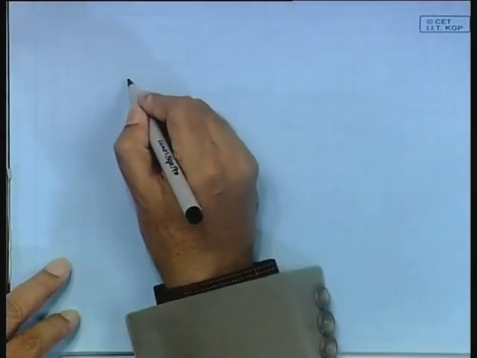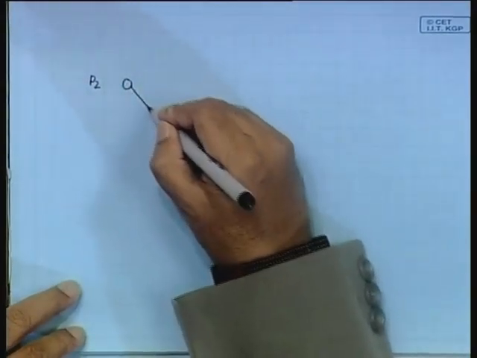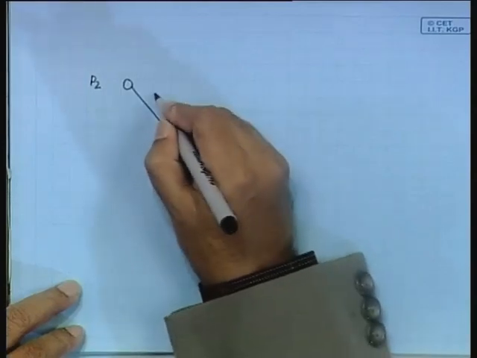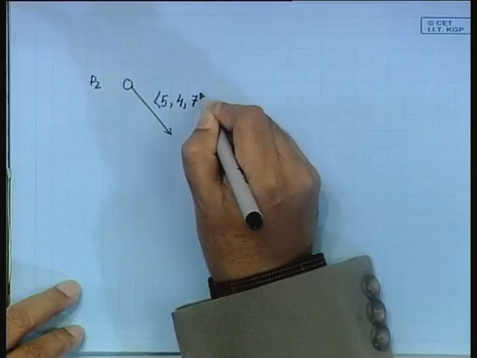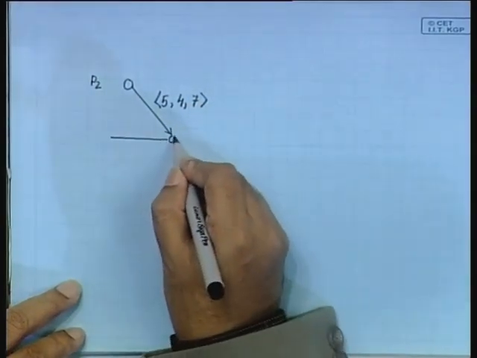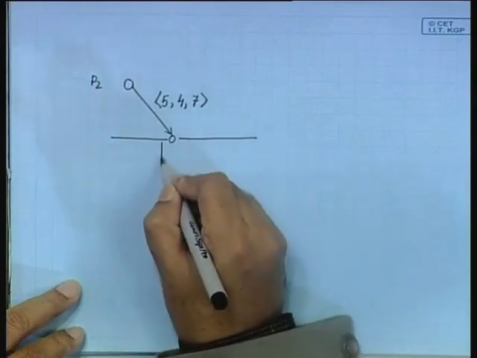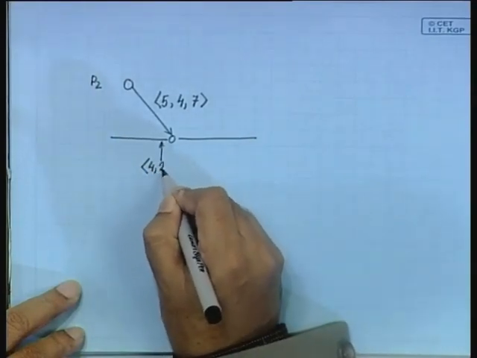So, what does that mean? Suppose from P2 you got the message 5, 4, 7, right, and here your thing was 4 to 8.